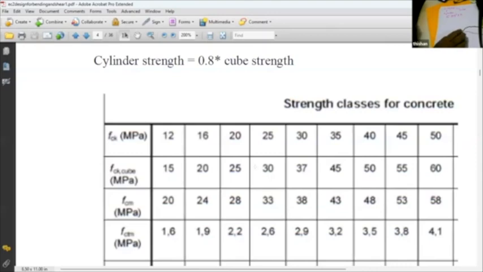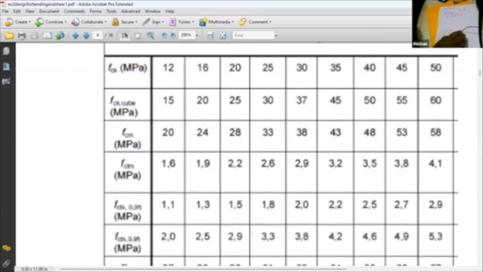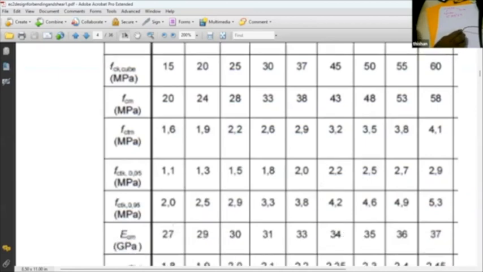Those are the values you can see, and these are the mean strength values. Then you get tensile strength values, which are useful for pre-stressed concrete design, but not generally for this. The most important other parameter is the elastic modulus.